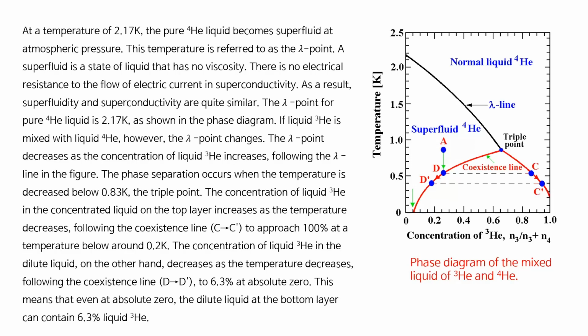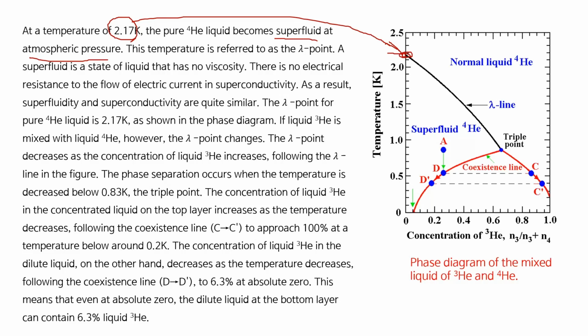At the temperature of 2.17 Kelvin, the pure helium-4 liquid becomes a superfluid at atmospheric pressure. At this point, 2.17 Kelvin.